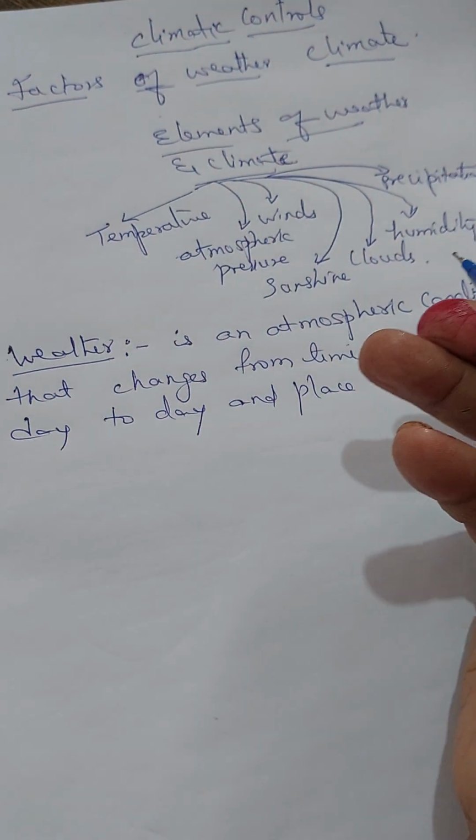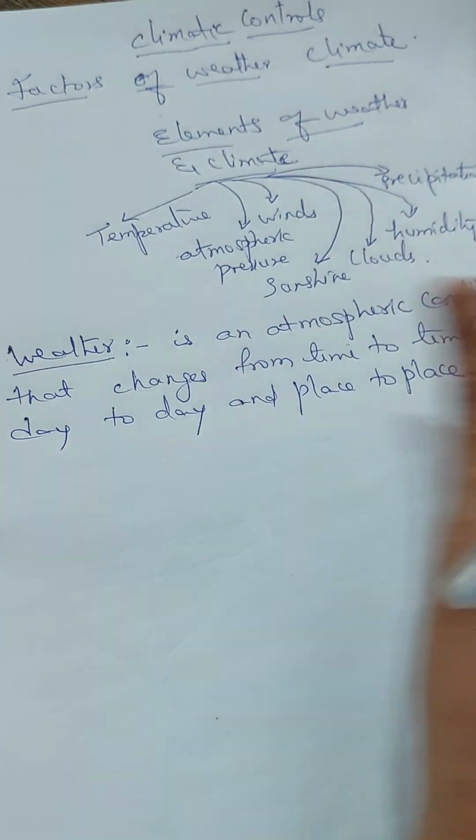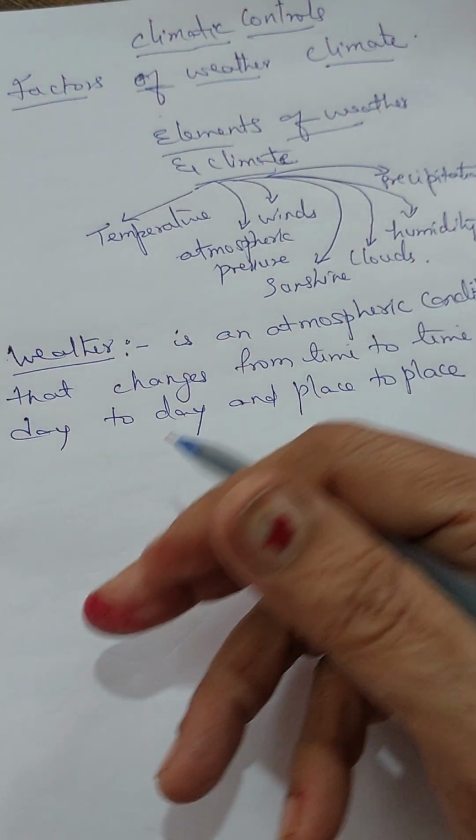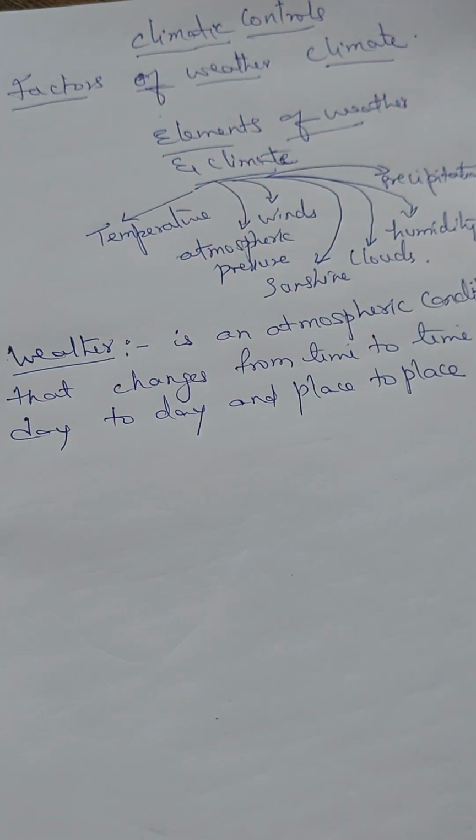It can be too sunny in the morning, high temperature. Immediately in the afternoon, we can get clouds, children, and in the evening there can be rain. So this frequently changes in a daytime only, time to time. Day to day, today might be heavy rain, and the very next day it can be high temperature, very sunny. And from place to place, there is a lot of difference.